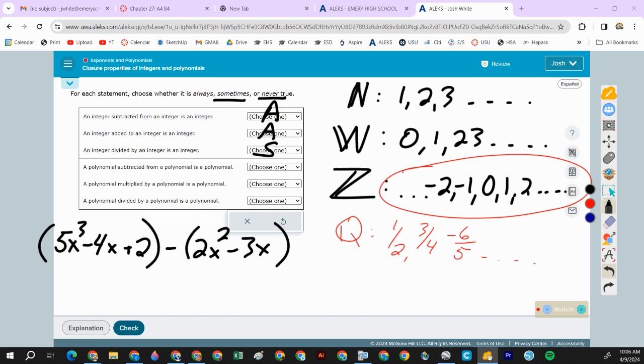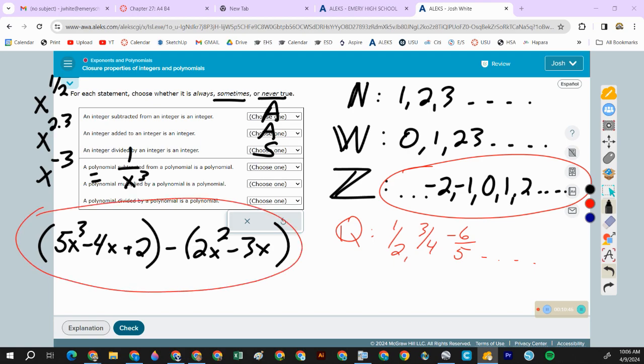Well, the only thing we're not allowed to do in a polynomial is have a variable to a fraction, a decimal, or a negative number, since x to the negative 3 is equivalent to 1 over x to the third. Will this break any of those rules? No. Every time you take a polynomial and you subtract a polynomial, you get a polynomial. Okay?